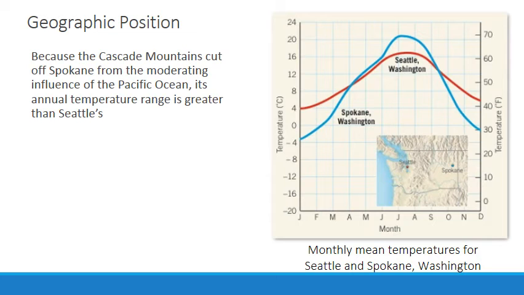Spokane is about 12 degrees cooler than Seattle in January and 7 degrees warmer than Seattle in July. The annual range at Spokane is about 20 degrees greater than in Seattle. The Cascade Range effectively cuts us off from Spokane and cuts them off from the moderating influence of the Pacific Ocean.